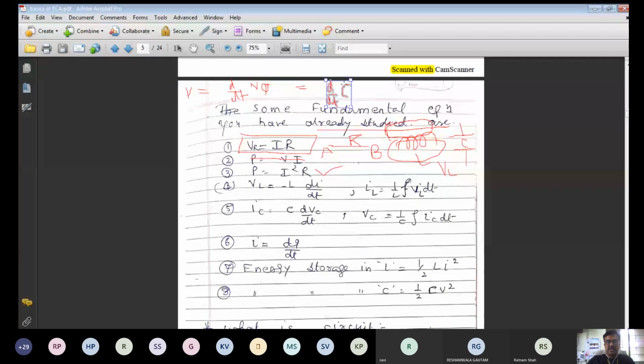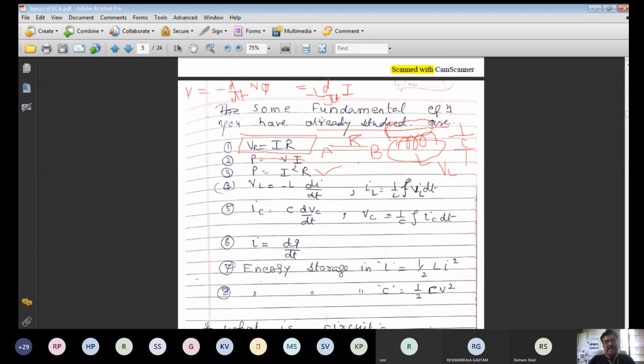So we can say that d by dt of L into I gives L di by dt, where L is constant. And the minus sign, why is it there? Because of Lenz's law. You are all familiar that the EMF induced in any inductor is given by L di by dt.